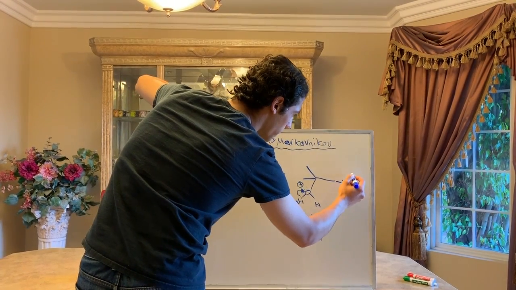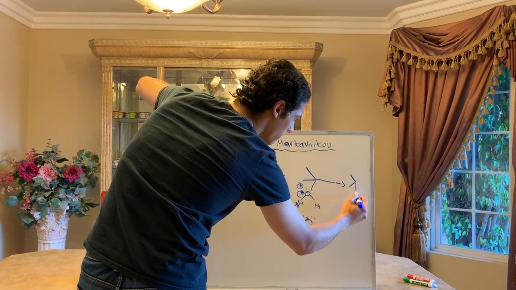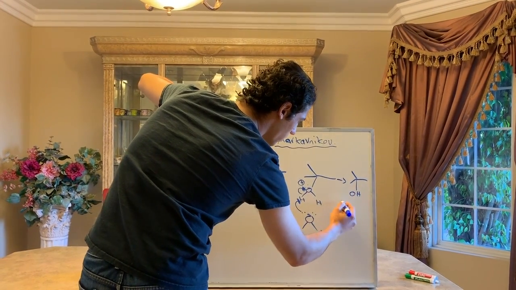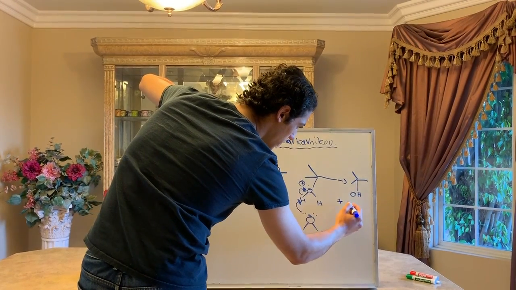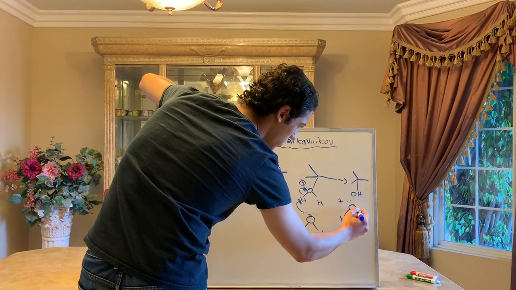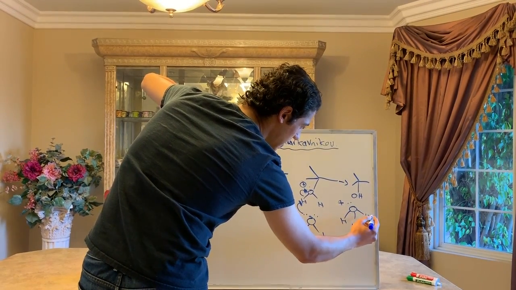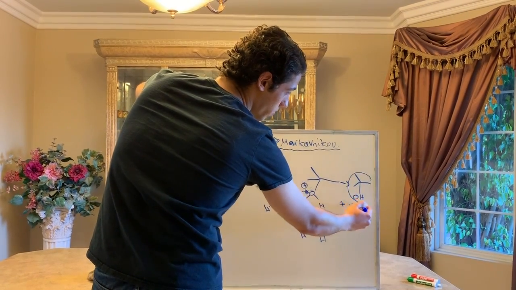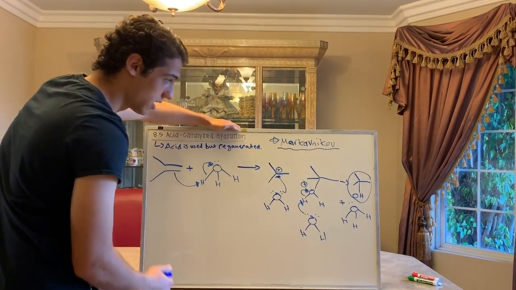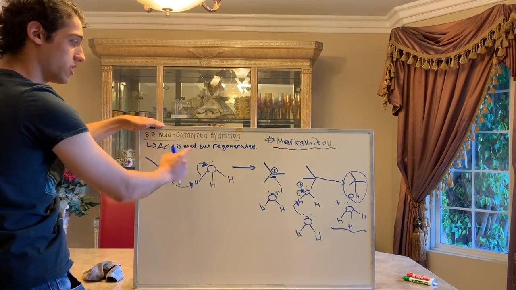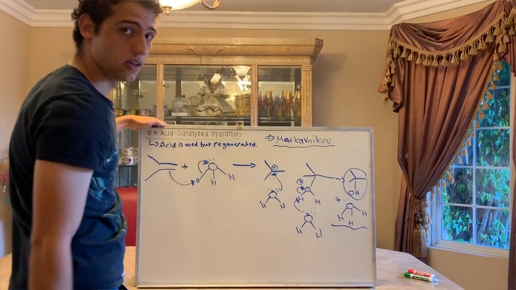Result is plus. Now check this out. I added my alcohol group to the previous alkene, and I regenerated my hydronium that I first used. Acid is used but regenerated.